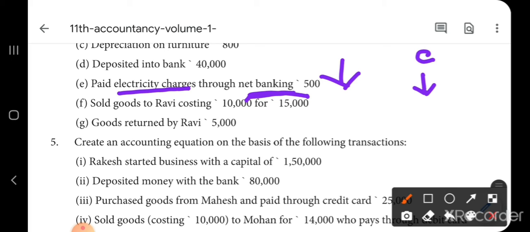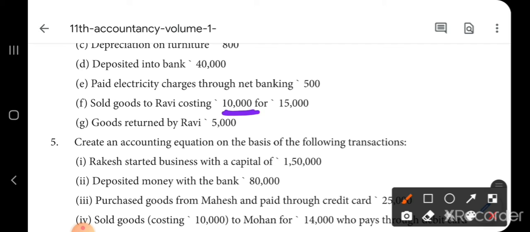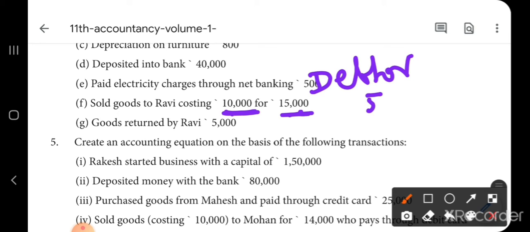Okay. Next one, goods sold to Ravi costing 10,000 for 15,000. So stock worth 10,000 is sold to Ravi. Ravi is your customer. Customer means debtors. Okay. So debtors, 10,000 worth goods sold for 15,000. That means 5,000 is your profit.